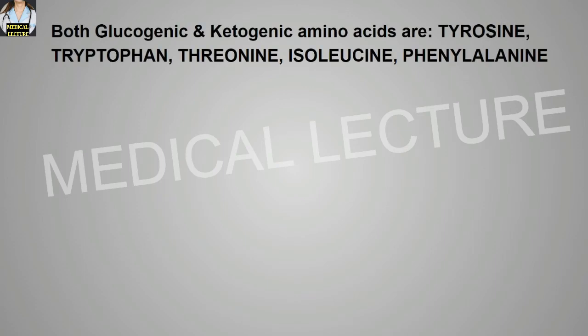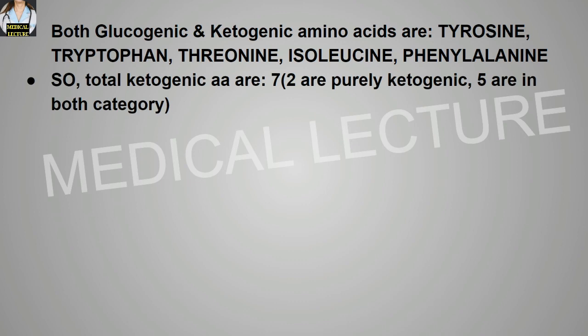Both glucogenic and ketogenic amino acids are tyrosine, tryptophan, threonine, isoleucine, and phenylalanine. And all the remaining amino acids come in the category of glucogenic amino acids. That means alanine, arginine, asparagine, aspartic acid, cysteine, glutamic acid, glutamine, glycine, histidine, methionine, proline, serine, valine, all of these come in the glucogenic amino acid category.